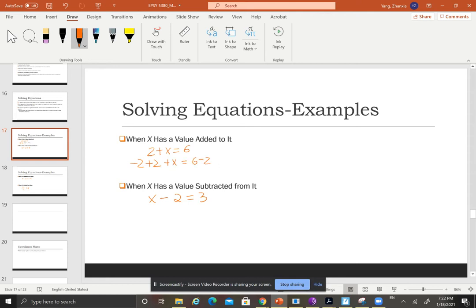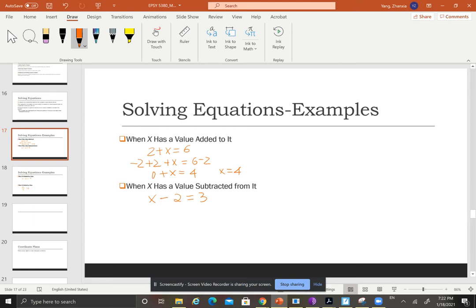The reason I put add 2 here is that any number without a sign is a positive number. And now we get 0 plus x equals 4. That is, x equals 4.